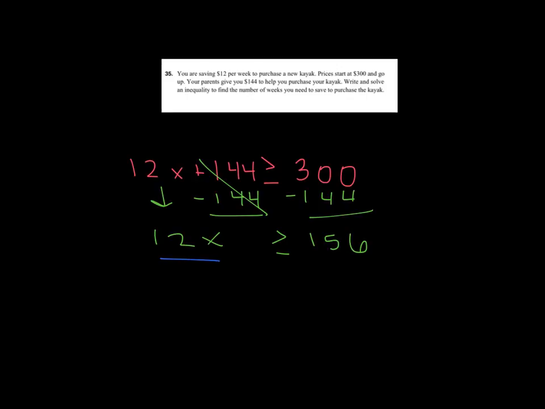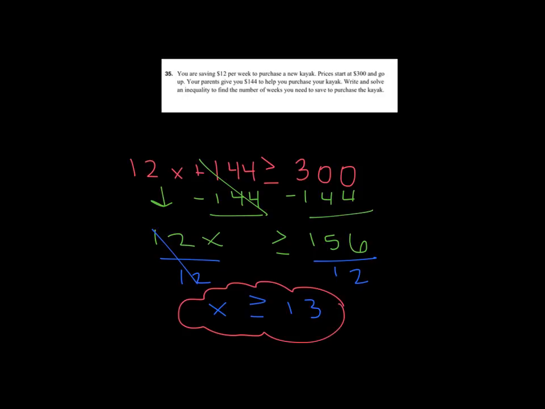So I'm going to divide both sides by 12. That'll make that cancel. And when I divide this side by 12, I get 13. So what that means is that it would take at least 13 weeks to save in order to buy the cheapest kayak of $300. And if you choose to buy one more, then it would take greater than 13 weeks.